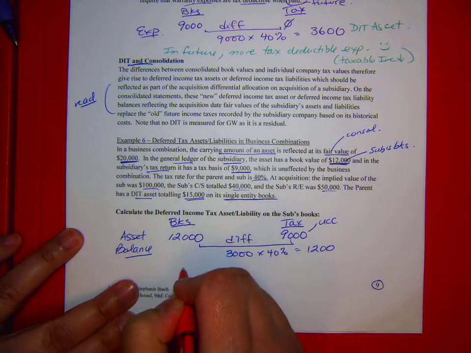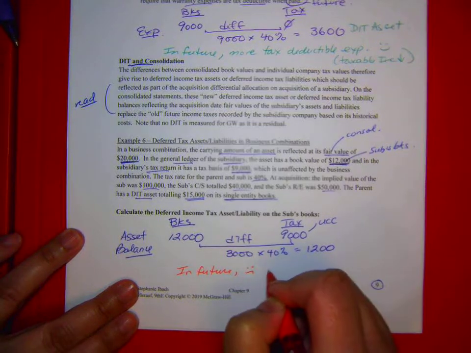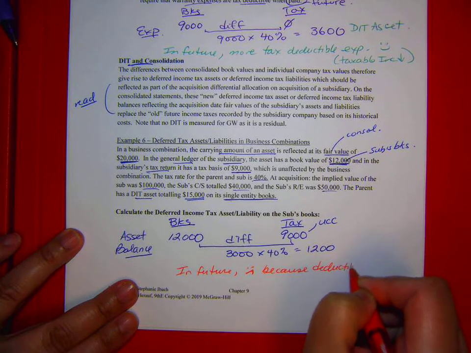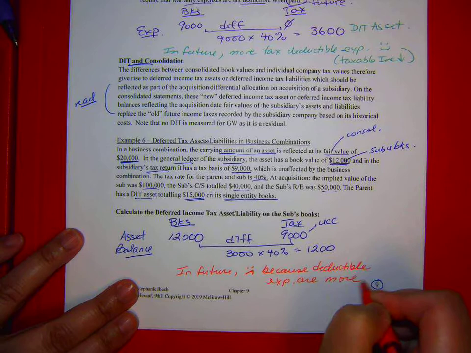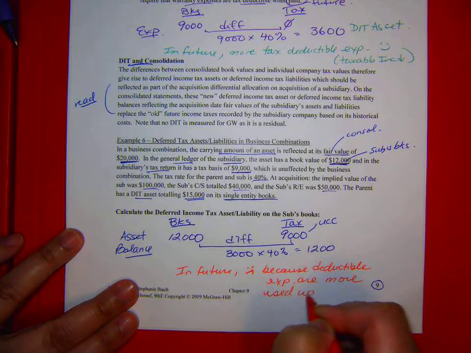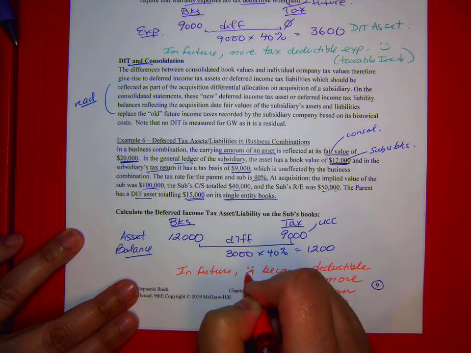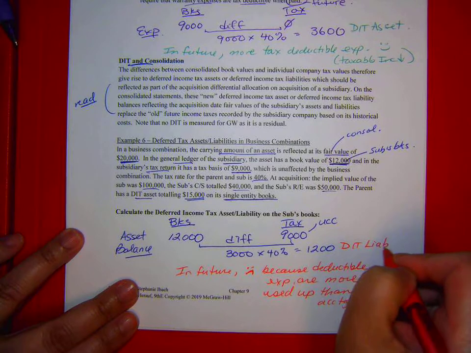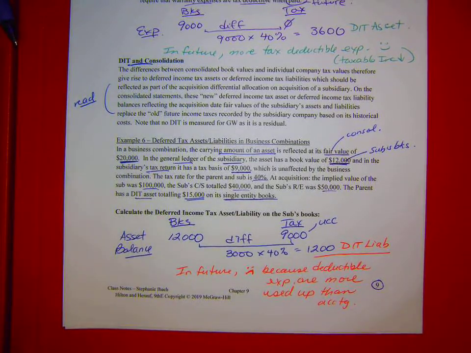Well, in the future, you're sad because deductible expenses are more used up than accounting. That is his little sad face. So it's a DIT liability. So we know the sub is starting with a $1,200 DIT liability. Okay?